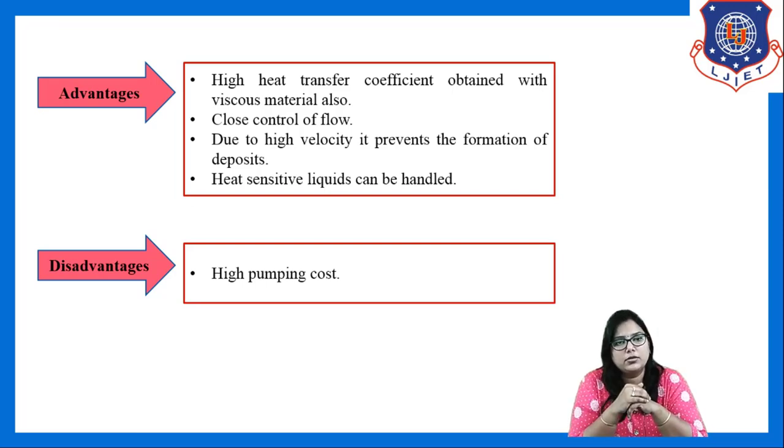And if we want the liquid to flow at high velocity, we require some element which supplies pressure to that liquid. That's why we are using the centrifugal pump in case of forced circulation evaporation, and that's why the pumping cost is high. Right? So the most important disadvantage of using forced circulation evaporation is high pumping cost.